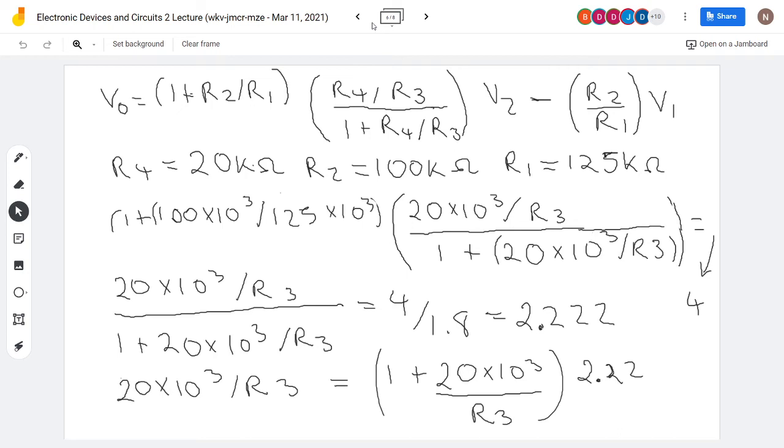Then you can multiply by R3. So 2 R3 plus 44.